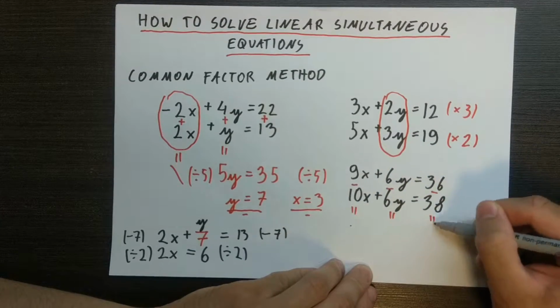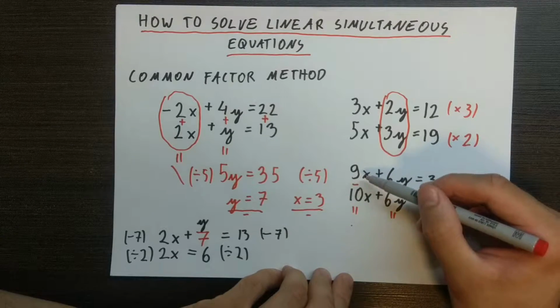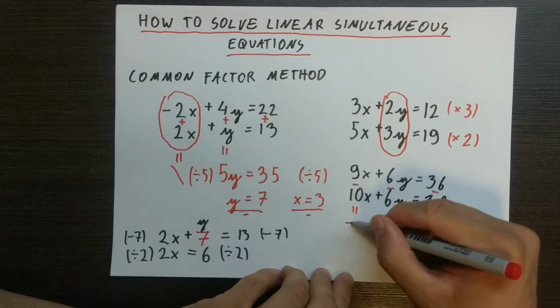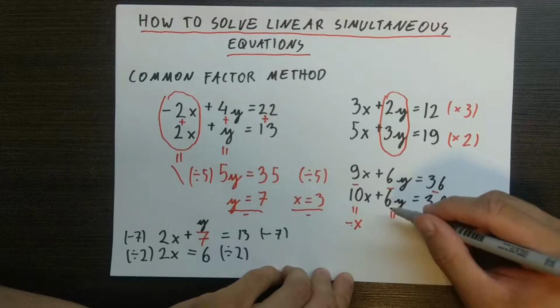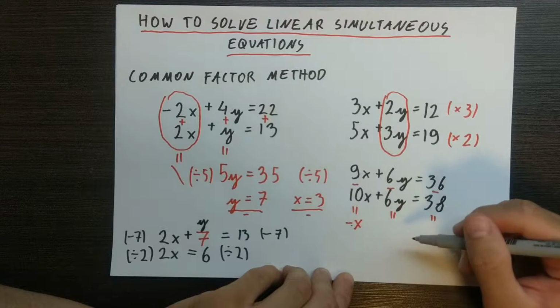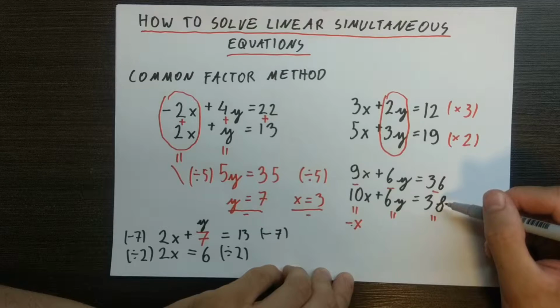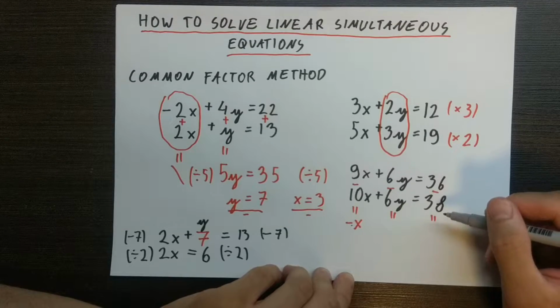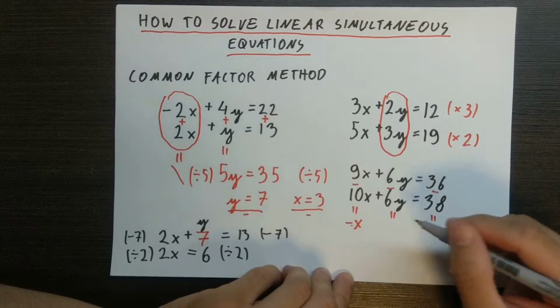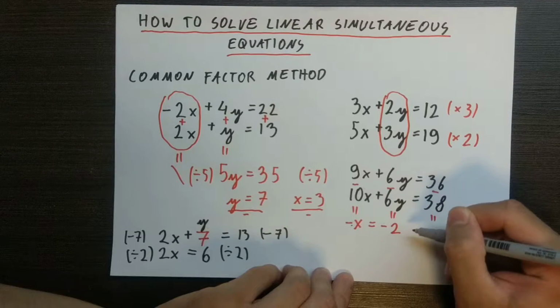And this will give us the following. 9x minus 10x will give us negative 1x. Here we have nothing, we have 0. And here we have 36 minus 38, which gives us minus 2. So minus x equals minus 2.